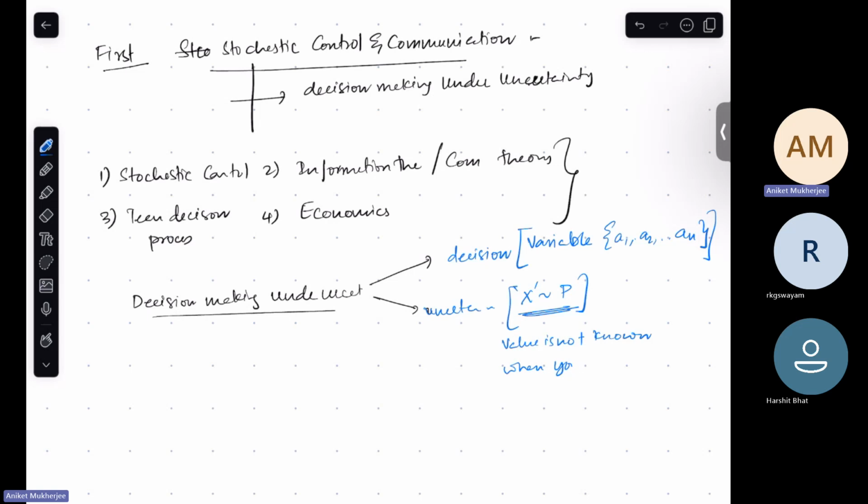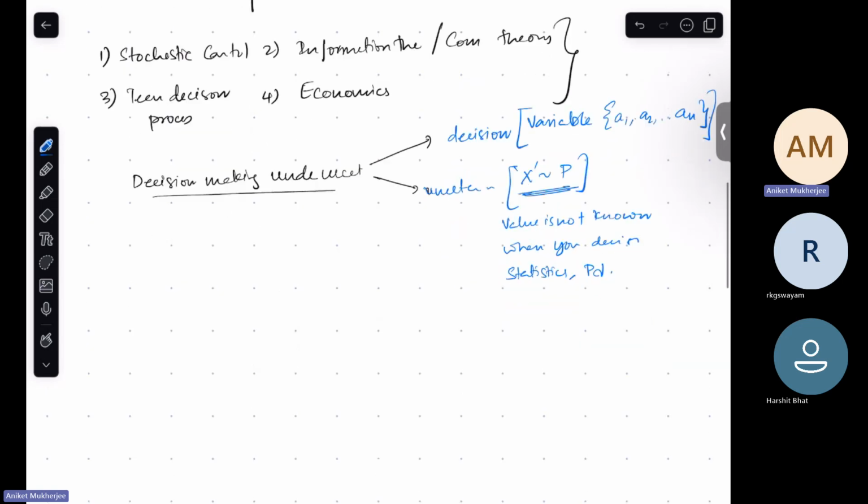But you know something about it: either the statistics of it, or the probability distribution of it, something of that sort. In the absence of uncertainty, this would just fall down as an optimal control problem, or control problem.